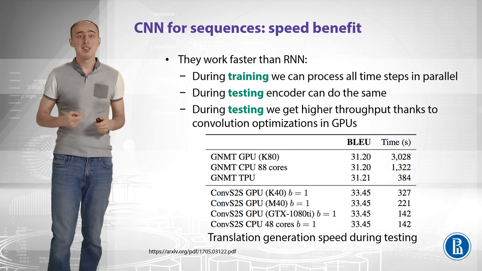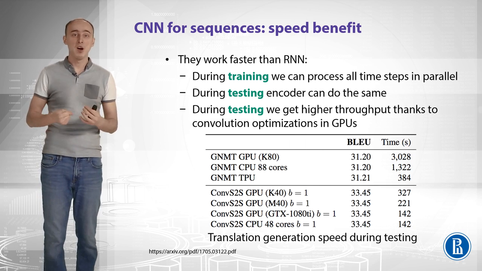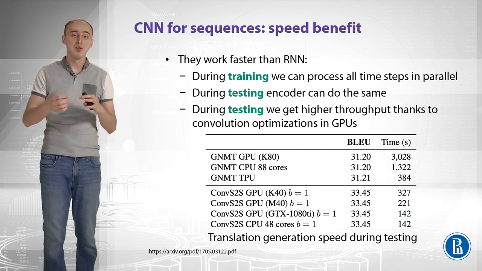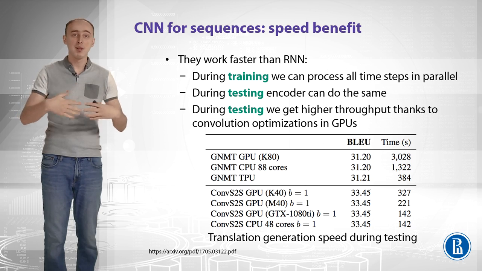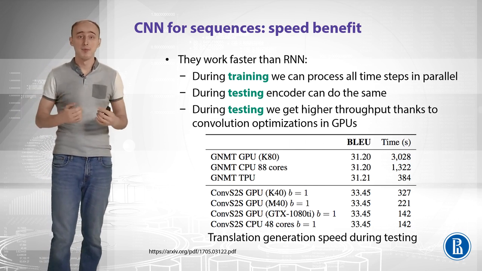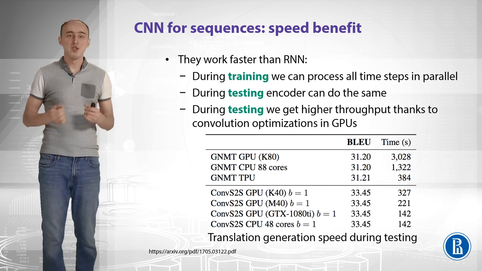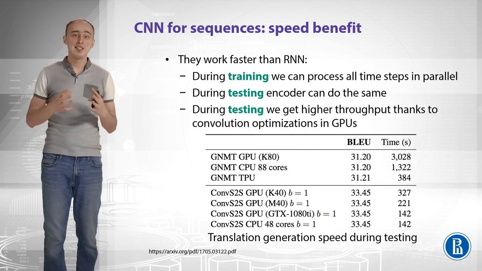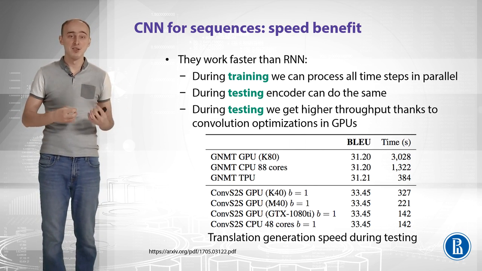During testing, in a sequence-to-sequence manner, our encoder can do the same, because there is no dependence on the previous output, and we use only our input tokens, and we can apply those convolutions and get our hidden states in parallel. And during testing, one more good thing is that GPUs are highly optimized for convolutions, and we can get a higher throughput thanks to using convolutions instead of RNNs.